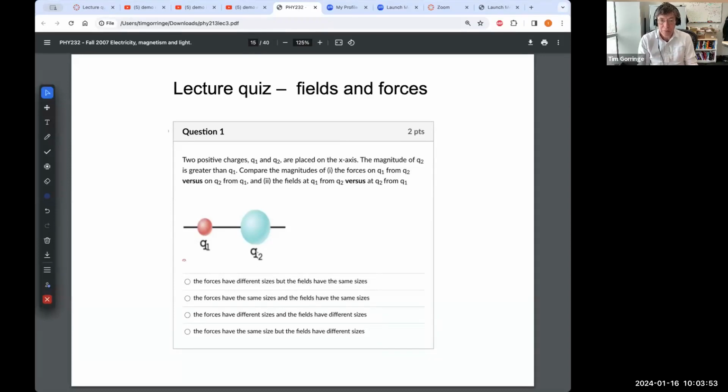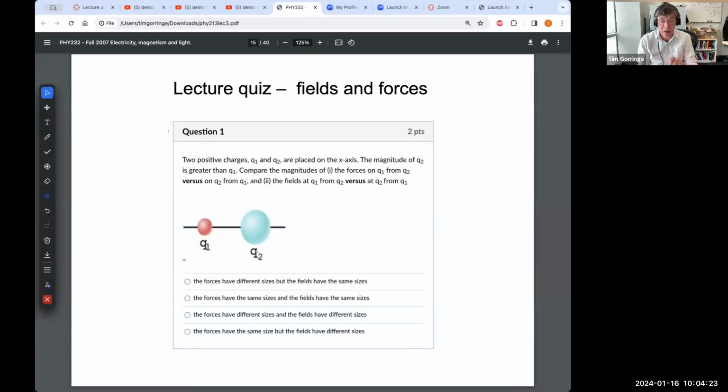What about the fields? Well, we talked about the fields of single point charges. We wrote down an equation for the field of single point charges, based on Coulomb's law and the field equation. That equation said that the field strength of a positive or a negative charge is in proportion to the charge.